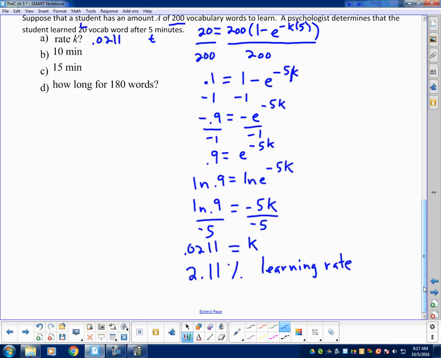When I ask how many words you've learned after 10 minutes or 15 minutes, that type of thing, what are we doing? Plugging them in. So on B, it's L of 10 equals 200 times 1 minus e to the negative 0.0211, and then I'm going to replace t with 10 instead of 5.